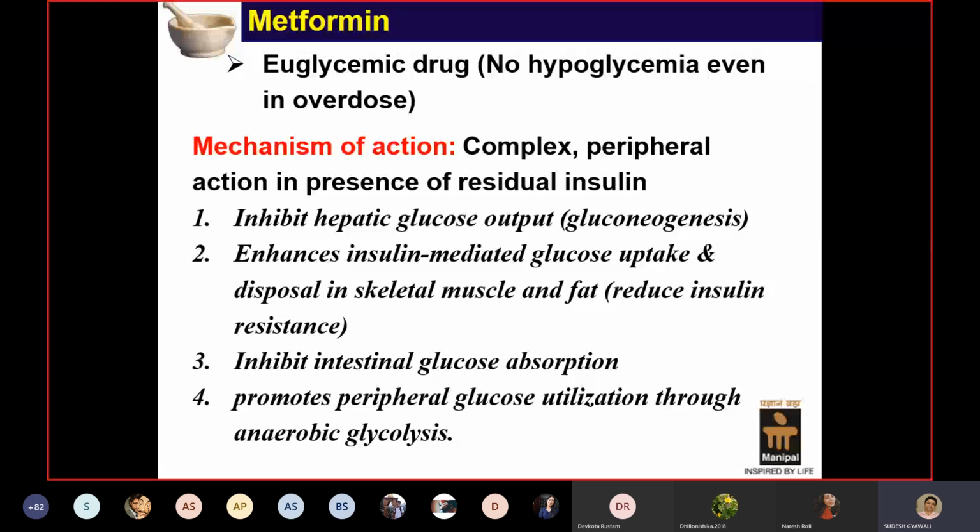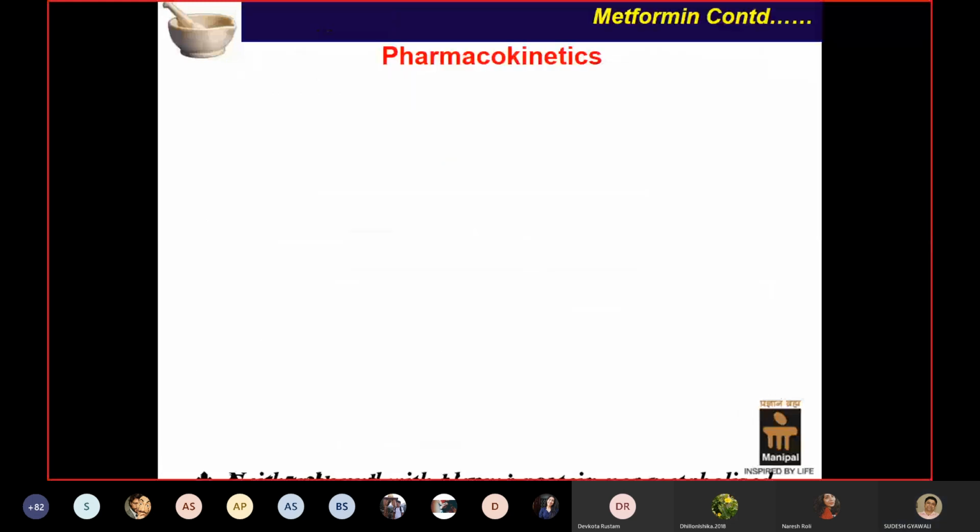One thing you have to know: it decreases the production of glucose, increases the uptake of glucose by the body, and inhibits the absorption of glucose from the intestine. So that is how metformin acts. Okay, understood? Yes. Okay.